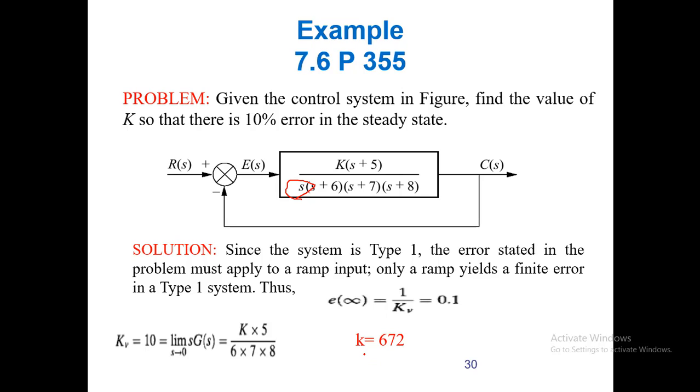So we used the reverse methodology, or you can say reverse engineering. With the help of this 10%, we found out the value of K so that the error would be 10%. If you put K equal to 672 and find the value of Kv, you will get the steady state error as 0.1, or 10%.